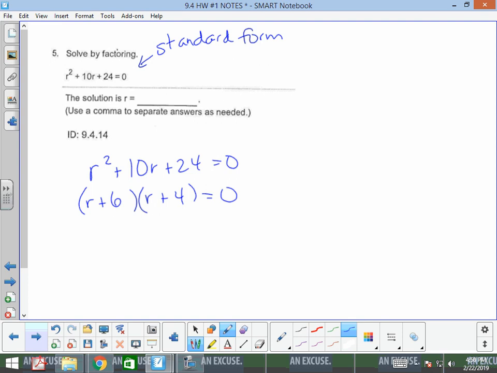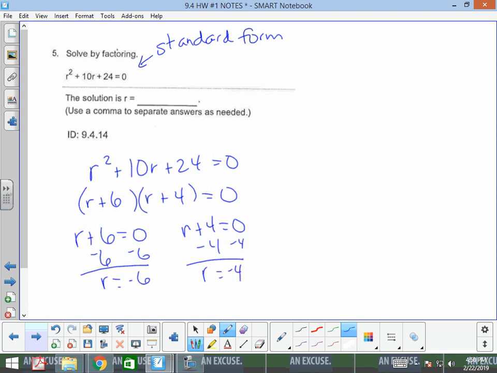But it would help if you either write it down or use mental math to make sure you got the correct factors, because if you miss the factors, you will miss the solutions. So subtract 6. r equals negative 6, and r equals negative 4. So the solution is r equals negative 6 and negative 4. And again, use a comma to separate the answers as needed.